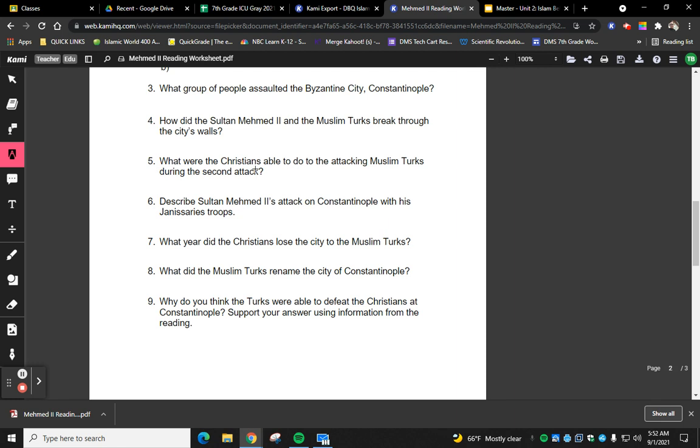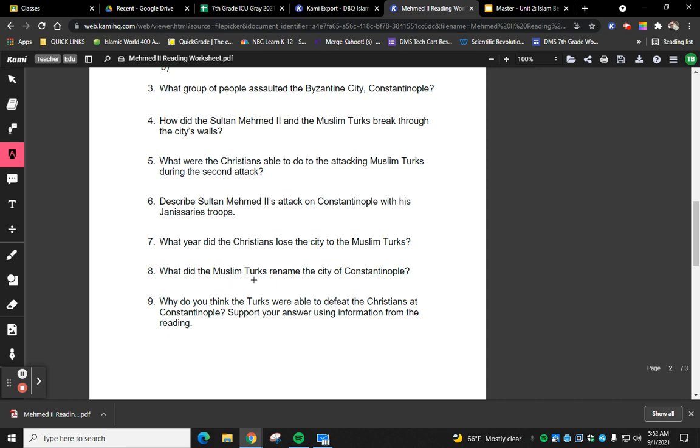Number 5, what were the Christians able to do to the attacking Muslim Turks during the second attack? Number 6, describe Sultan Mehmed II's attack on Constantinople with his Janissary troops. Number 7, what year did the Christians lose the city to the Muslim Turks?